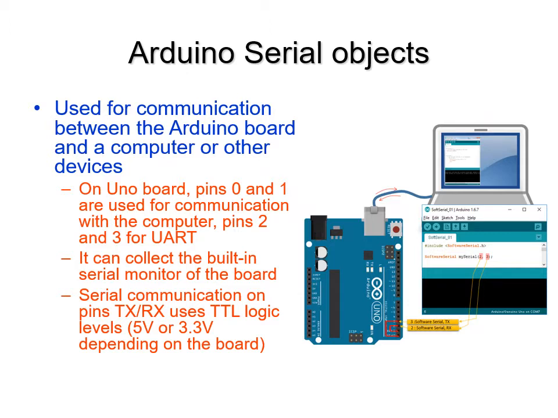Okay. Now after we introduce to you this OOP implementation using the C++ language, we come to the part describing the Arduino objects. Basically, in order to make programming easier, some of the libraries use objects, because it makes it easier for the programmer to write their program.